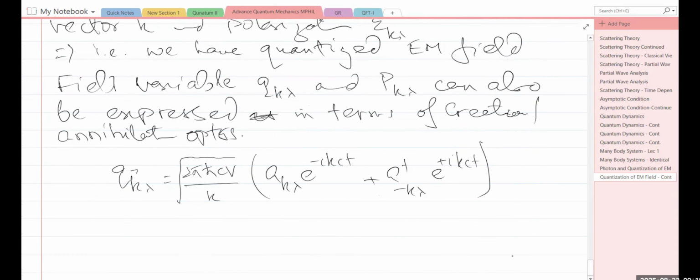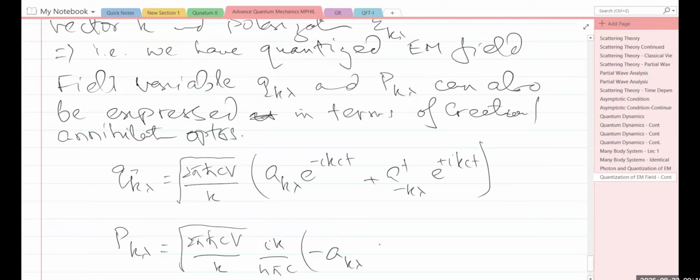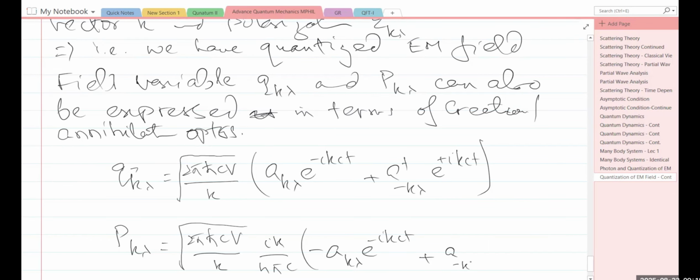And similarly, p_k lambda is again the scale factor 2 pi h bar c V over k times i k over 4 pi c times minus a_k lambda e to the power minus i k c t plus a_minus k lambda dagger e to the power i k c t.